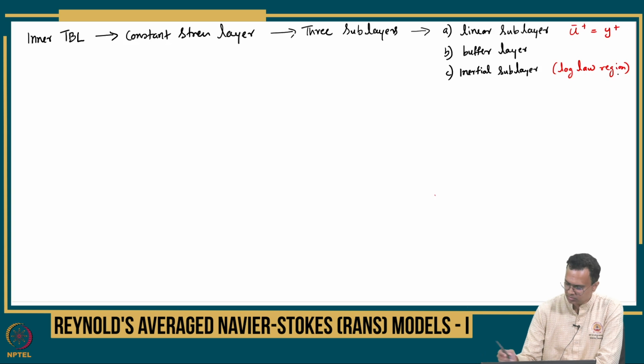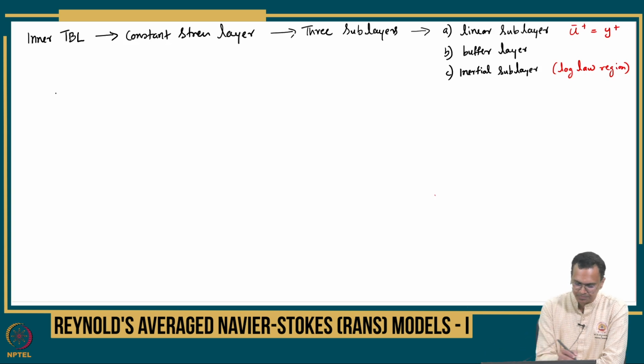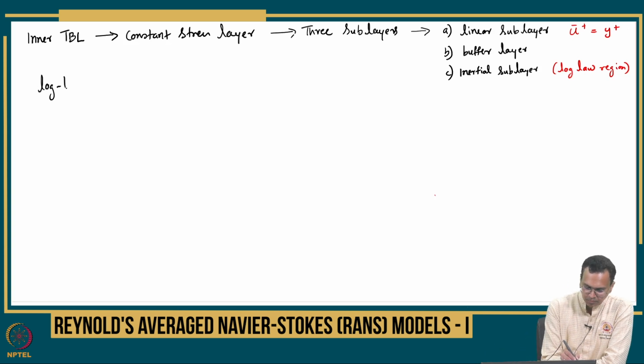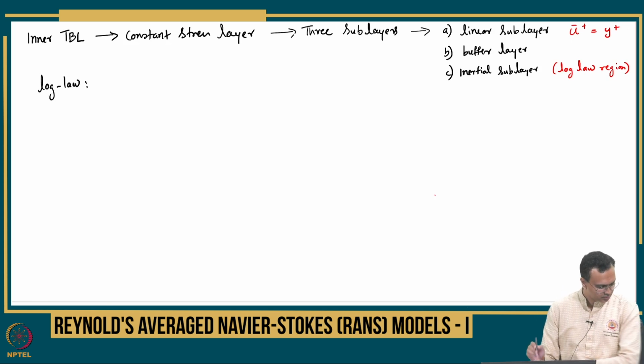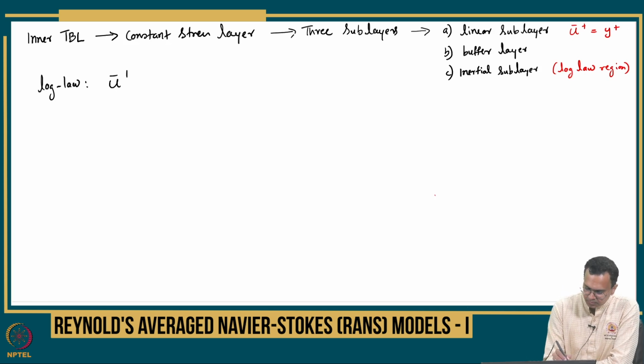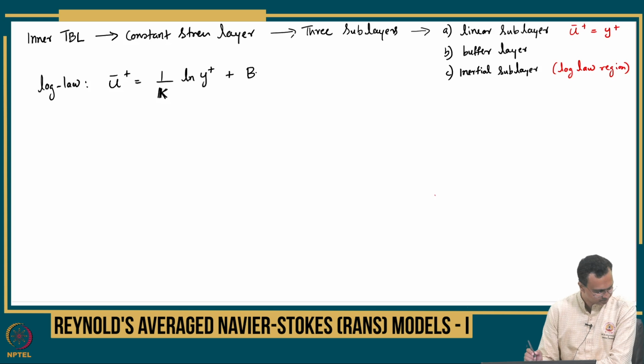If you want to write down what a log law looks like, u plus is 1 by kappa, logarithmic of y plus, plus a constant b.